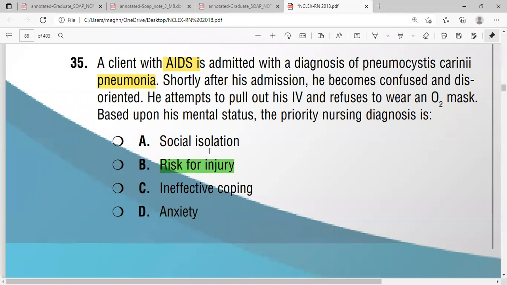The priority nursing diagnosis is based on his risk for self-injury. So answers A, C and D focus on the client's psychosocial needs, which do not take priority over physiological needs. Therefore, they are not the answer. Risk of injury is the priority here.